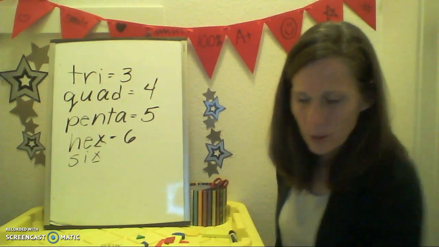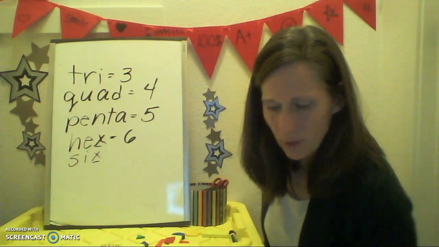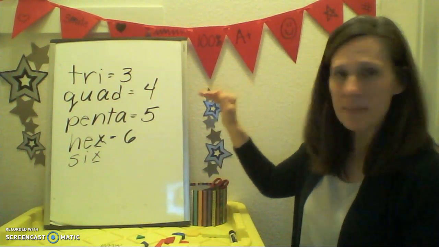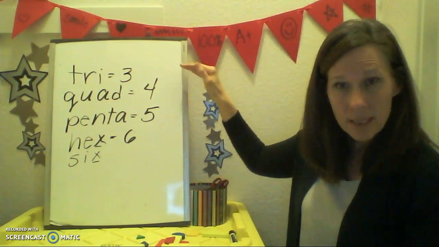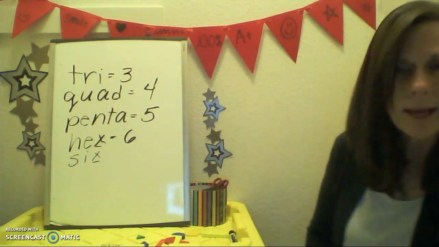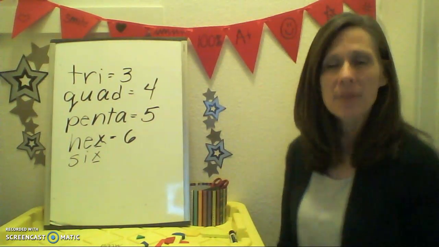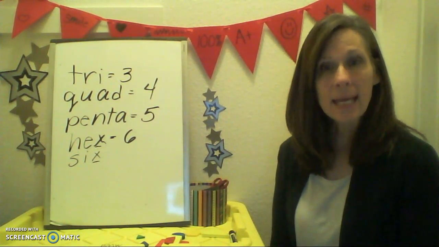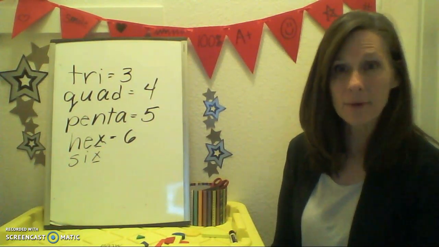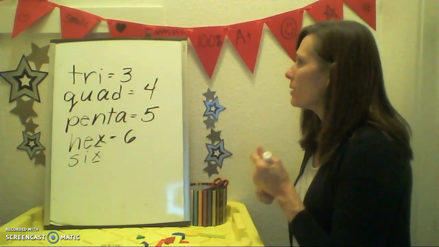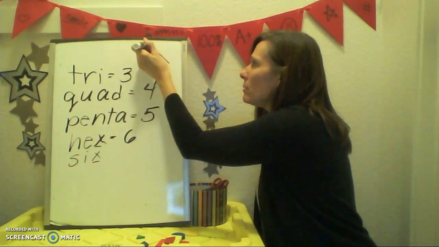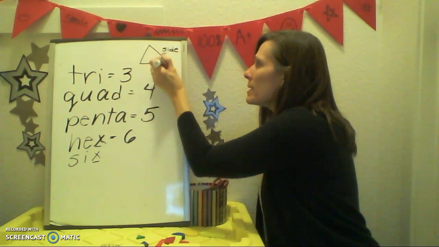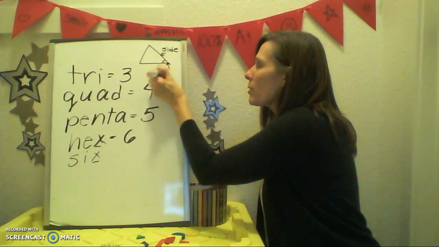As you're looking around the house, maybe you can find some things that are these shapes. Maybe something that's a hexagon, maybe something that's a quadrilateral, maybe something that's a triangle. You might be looking at things that are considered two-dimensional shapes, shapes that have a length and a width and an angle where the length and the width come together. For example, if I was going to draw a triangle, here's the side, and here is the angle, or the corner.